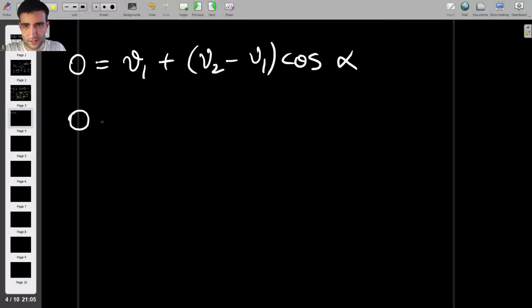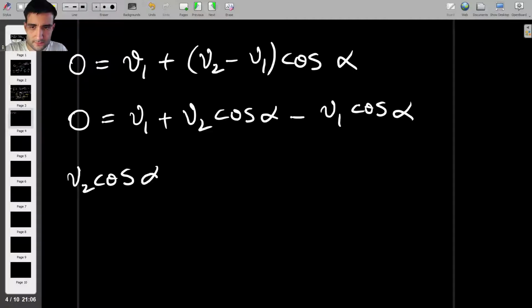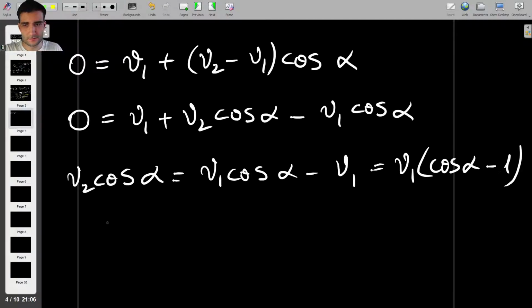So we have 0 equals v1 plus v2 cosine alpha minus v1 cosine alpha. So v2 cos alpha will be equal to v1 cos alpha minus v1, by moving everything to the other side. So this will be v1 (cos alpha minus 1), right?